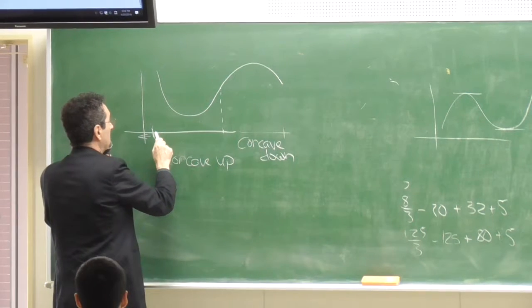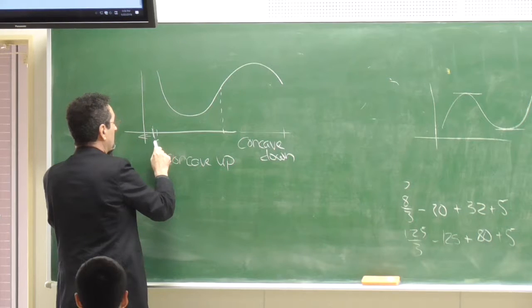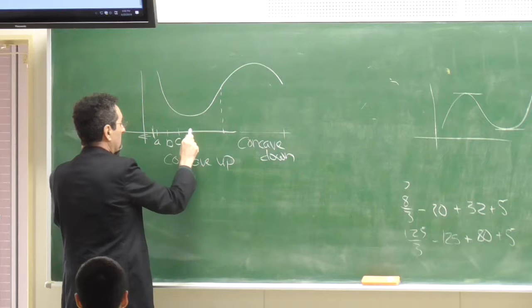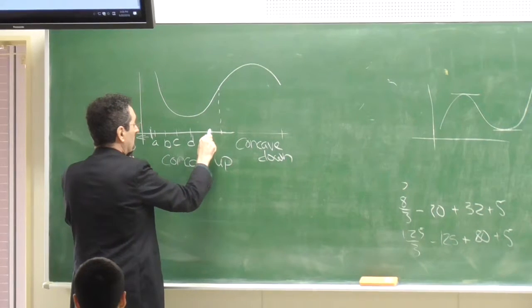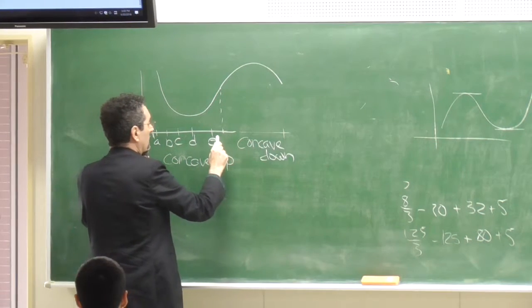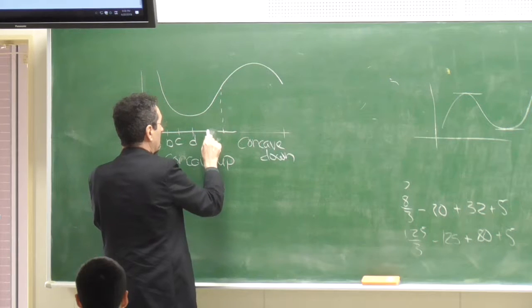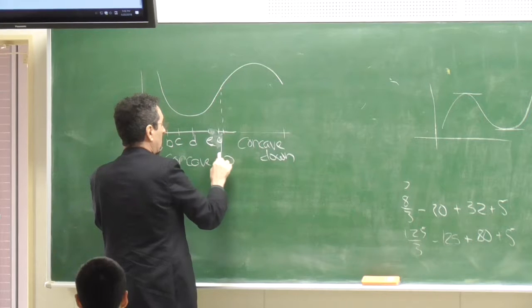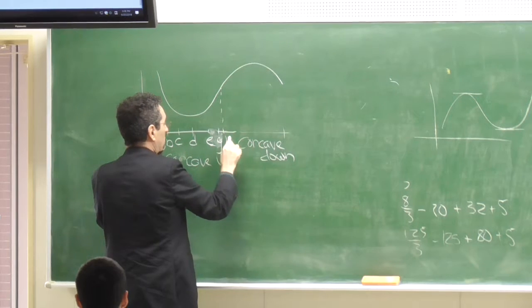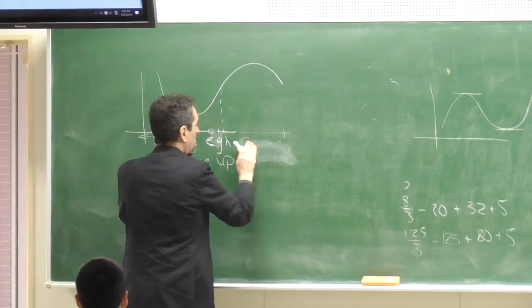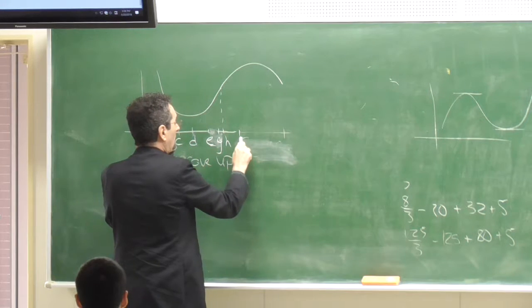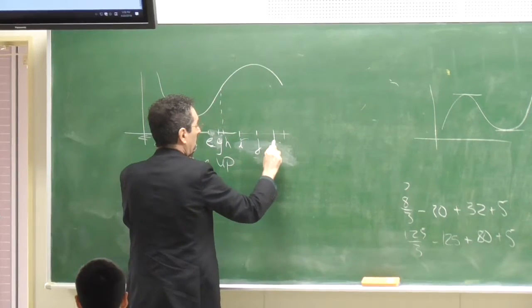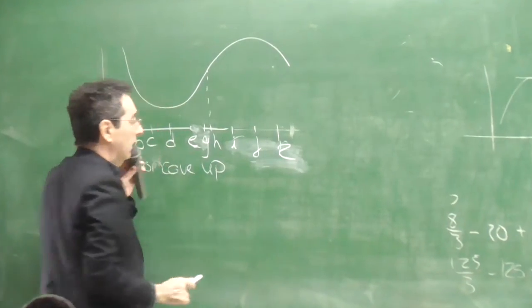So going back to the same idea as before, let's say here's A, B, C, D, E, F, G, H, I, J, K, okay, that's enough.